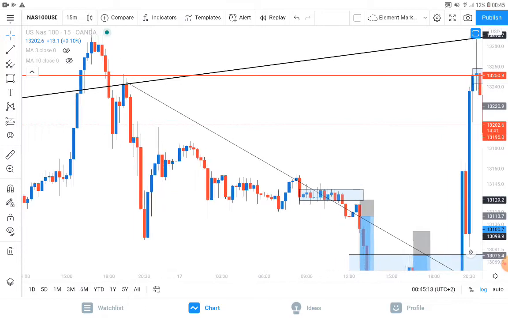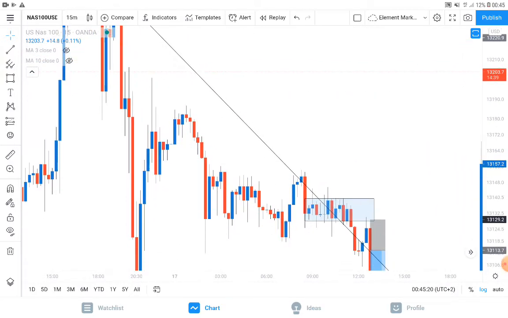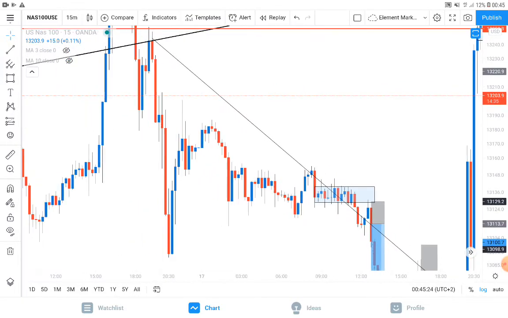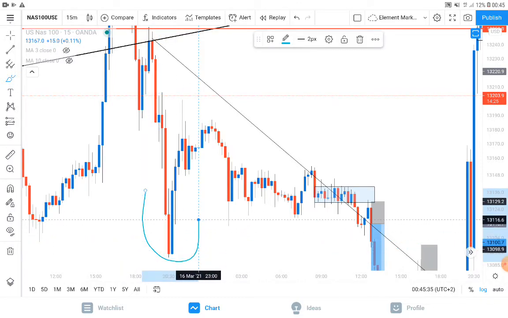Now, before this consolidation happened, we had a bullish break on the support zone. So I thought, okay, this thing wants to go up again to give another impulse to the upside. Because what we can see here is that it created this beautiful rejection on the high time frames.